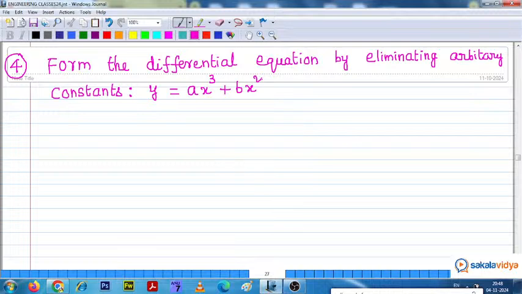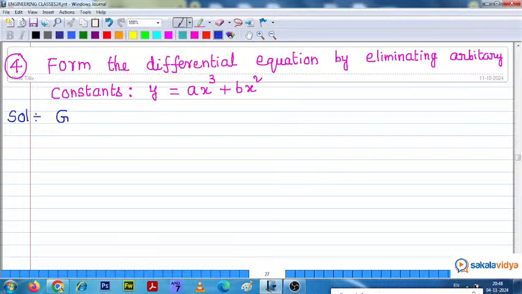Okay, so that means how many times we need to differentiate here? We need to differentiate it 2 times, because it contains 2 arbitrary constants a, b. Right. So let us try to solve this question now.